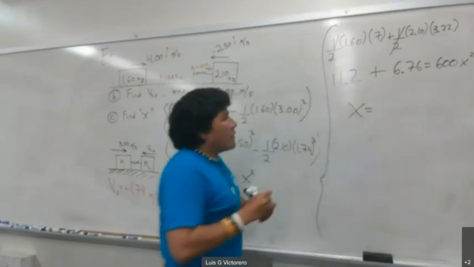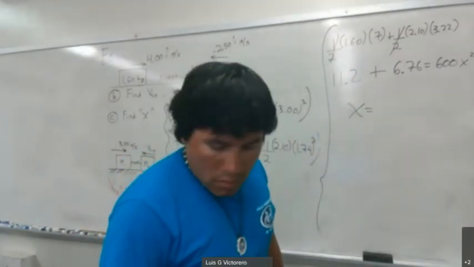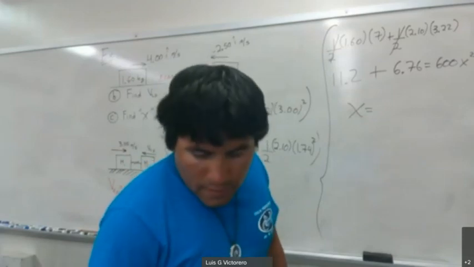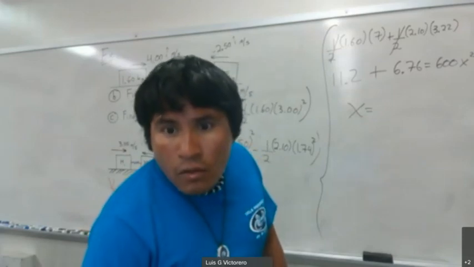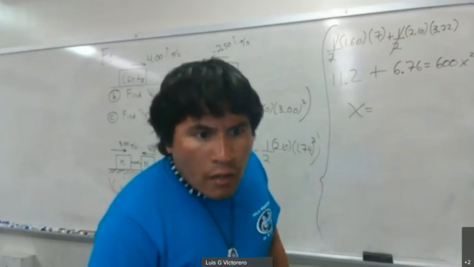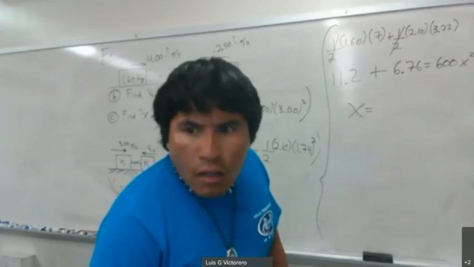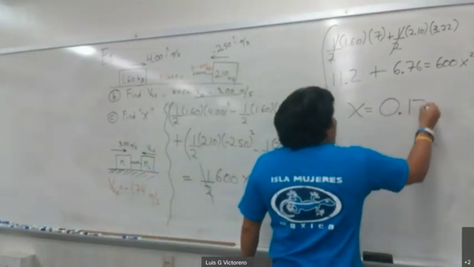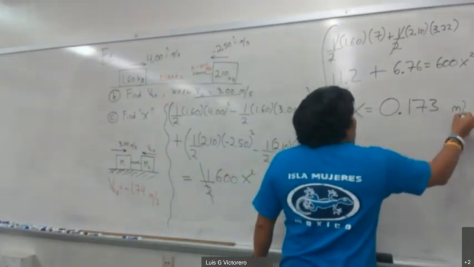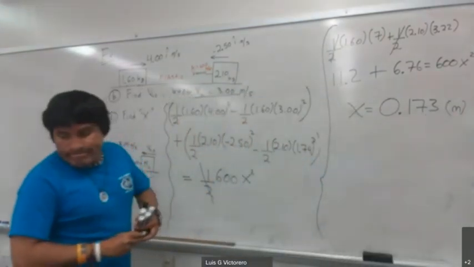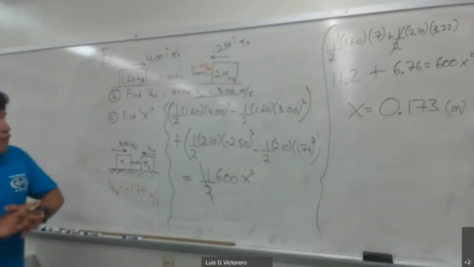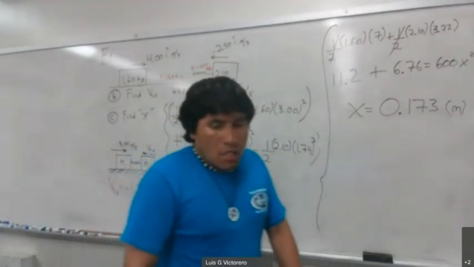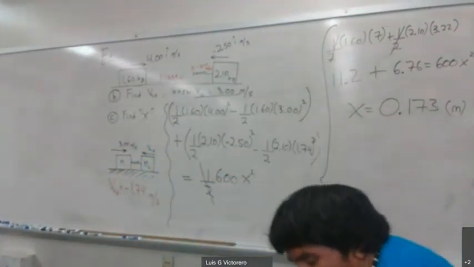So X will be that. If I add that, divided by 600, square root, I get 0.17 meters. It's a very complete problem on elastic collisions that also combines with some of the energy that we did before.